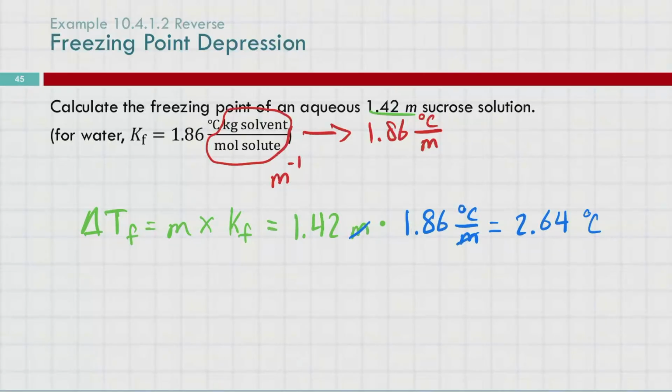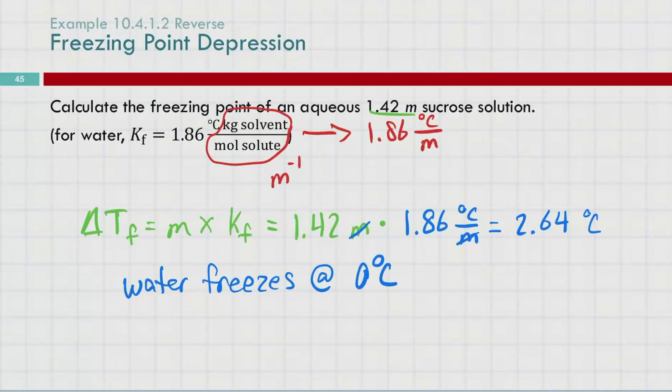Is this our answer? What's the normal freezing point of water? It's 0 degrees Celsius. Water freezes at 0 degrees Celsius.